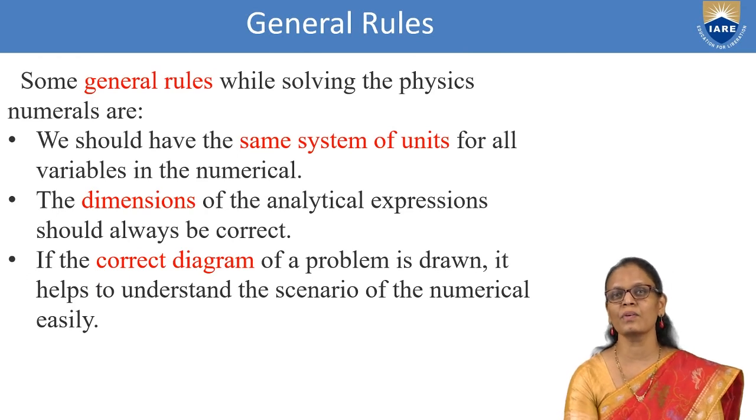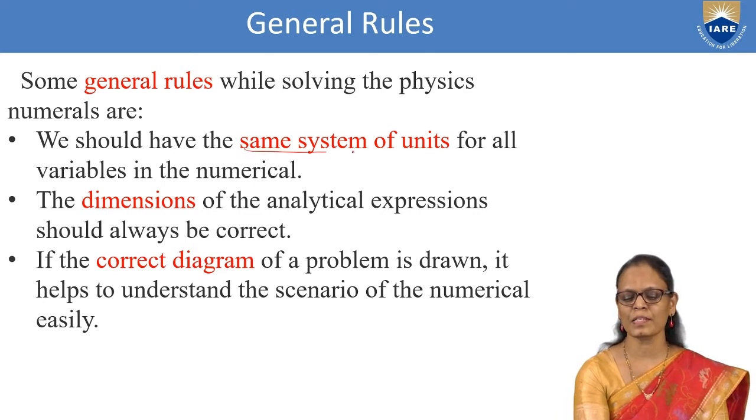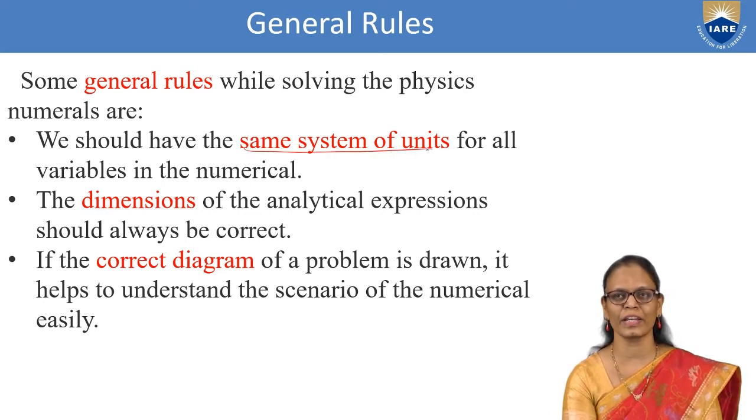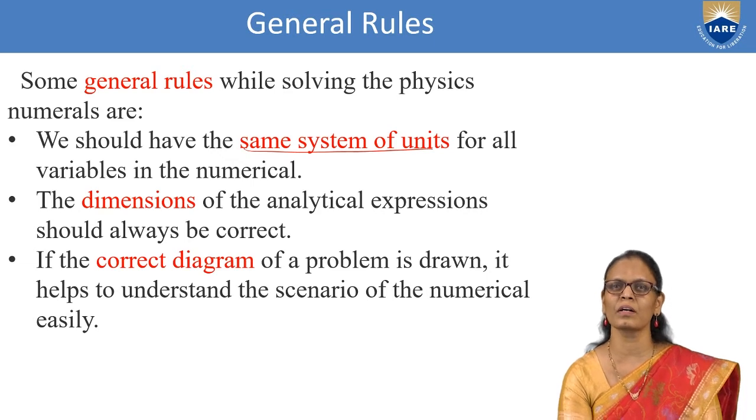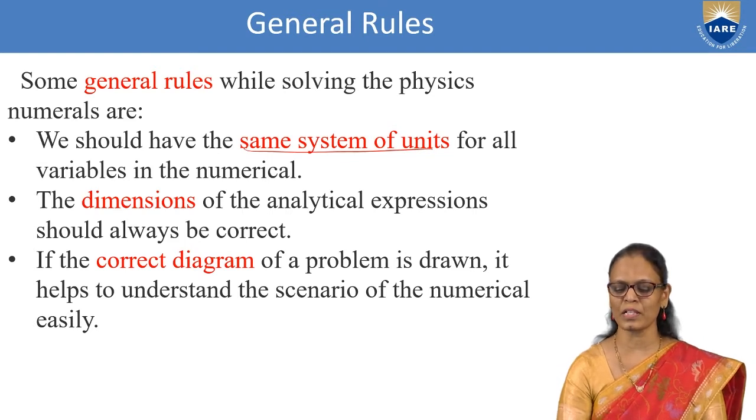Now, some general rules that you have to follow while solving physics numericals. We should have the same system of units for all the variables in the numericals. When I talk about the system of units, we have different systems.